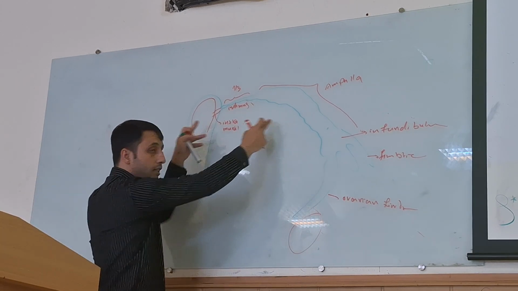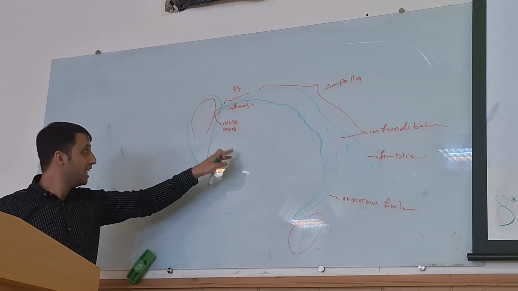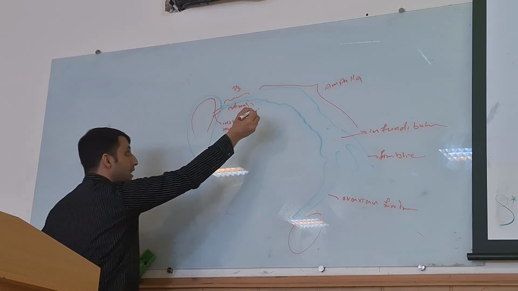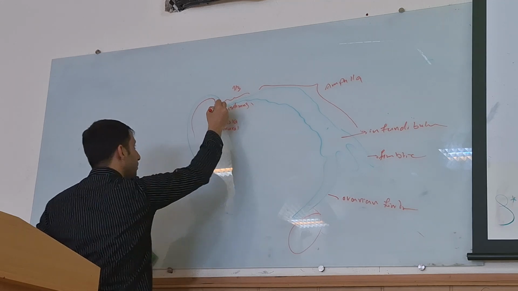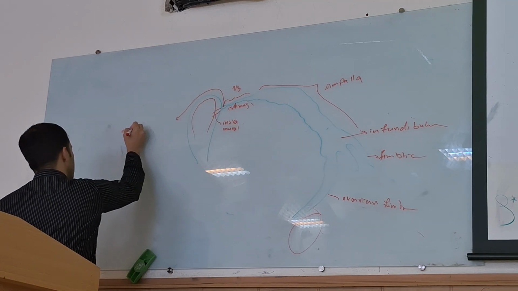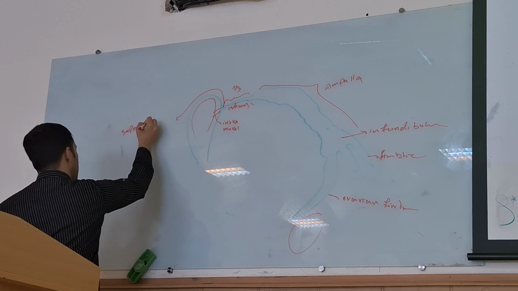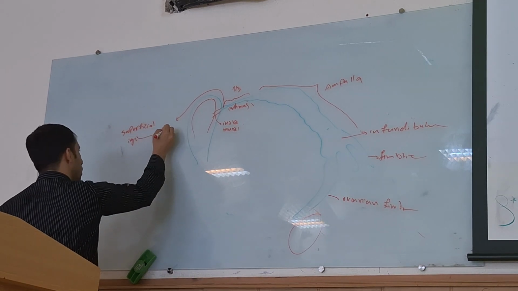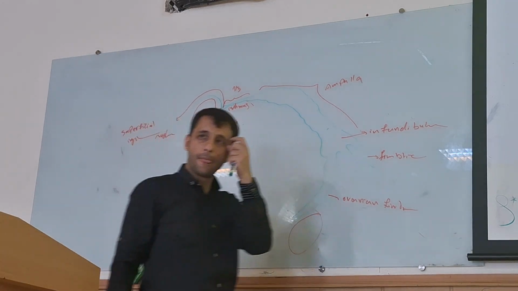Medial side, because it is located near the uterus, this part drains to superficial inguinal nodes. Why?